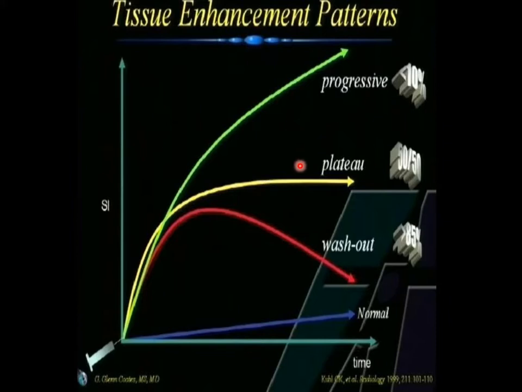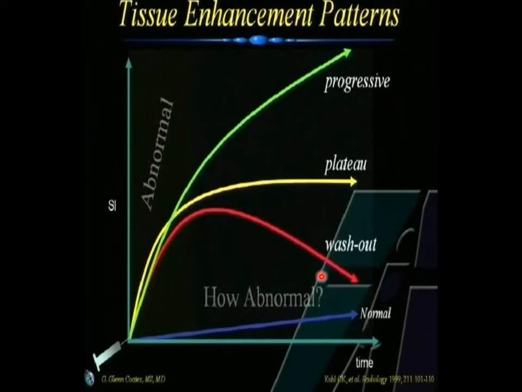The plateau one is 50 by 50, meaning maybe 50% it's malignant, and the washout is highly suspicious, more than 85% malignant. It's easy to remember: there are three abnormal curves, and we have the normal curve, the blue one.